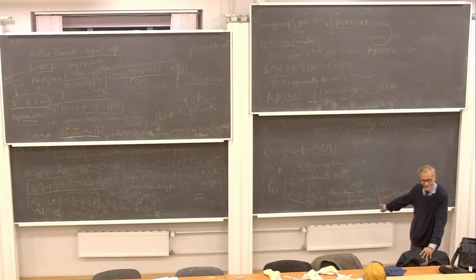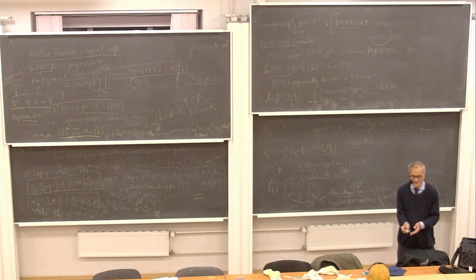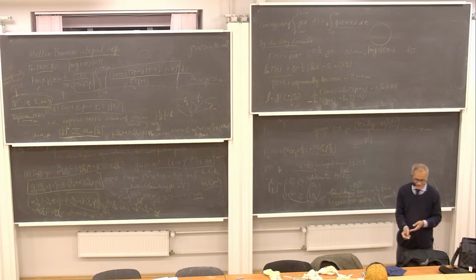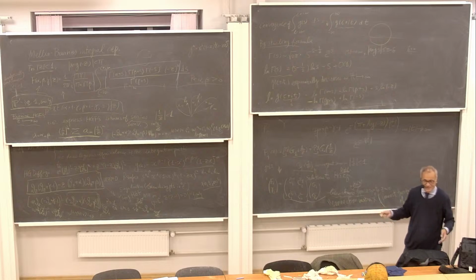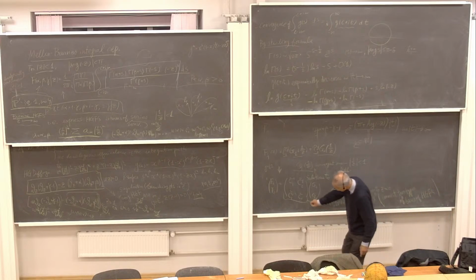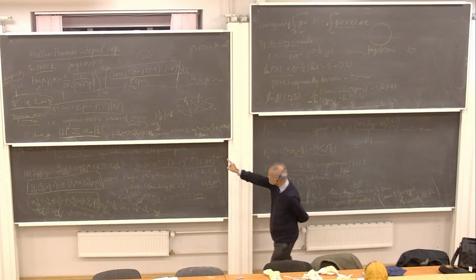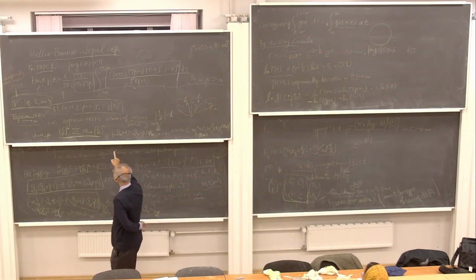I mean to connect what is happening locally at z equals 0 and what is happening locally at z equals infinity, but not to be satisfied with local description, but to understand the relation between them, to express this matrix concretely in terms of alpha, beta, gamma.